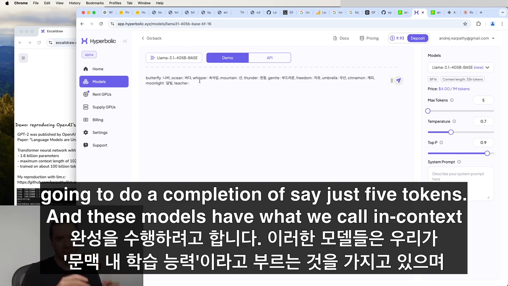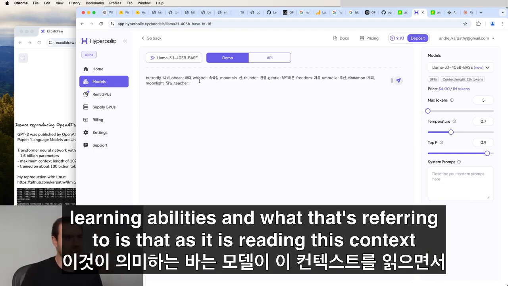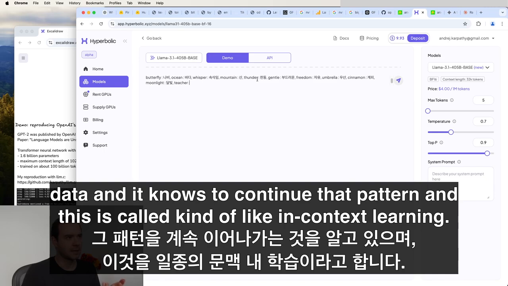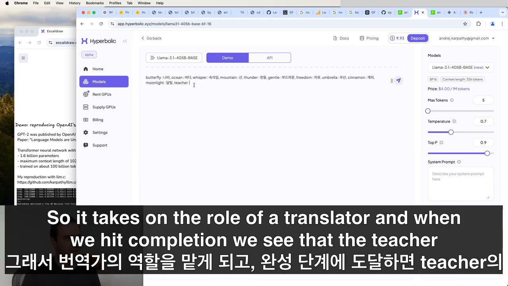These models have what we call in-context learning abilities. What that's referring to is that as it is reading this context, it is learning sort of in place that there's some kind of an algorithmic pattern going on in my data, and it knows to continue that pattern. This is called in-context learning. So it takes on the role of a translator.